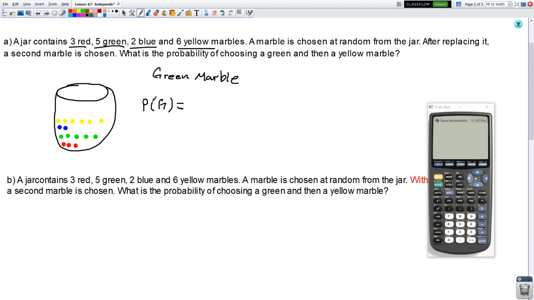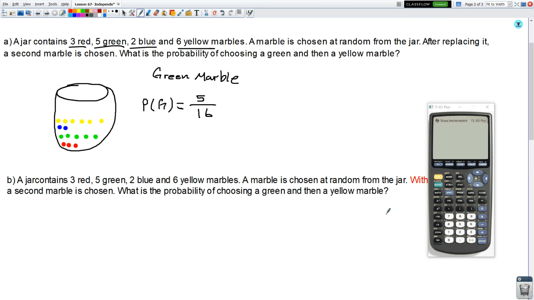It's always going to be how many of that group there are, which in this case is 5 green marbles, and we're always going to divide it by the total amount of options that we have. So how many marbles do we have to choose from? That's 16.